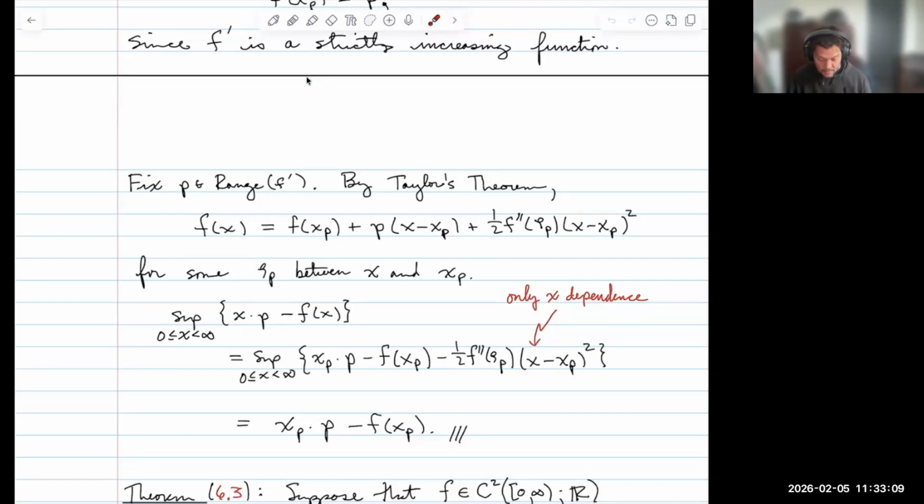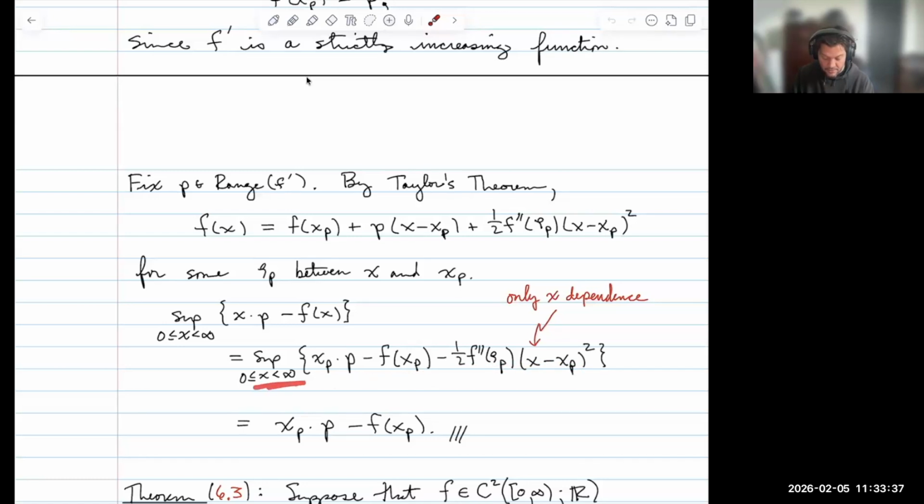That allows us to solve exactly for this in terms of what we have from the Taylor expansion. The first thing we notice is that we get a lot of terms which don't depend on x when we do this expansion. I'm going to leave the algebra up to you. It's very simple algebra. We get p times xp minus f of xp minus this object here. Notice that this object does not depend on x at all, right?